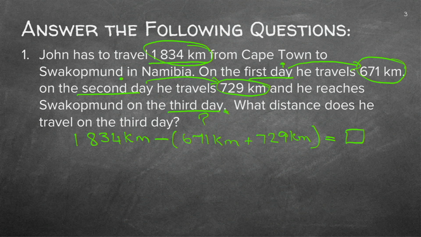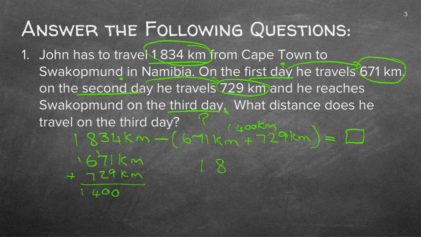So here I go, I'm going to do the first calculation in brackets. 671 kilometers plus 729 kilometers will be equal to 1,400. Now I know this answer is 1,400 kilometers, and now I can subtract it from the distance to get my third day.